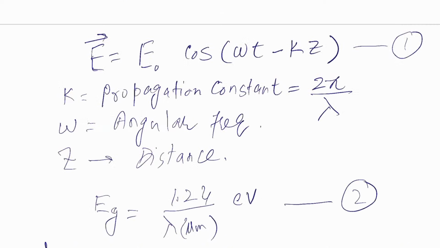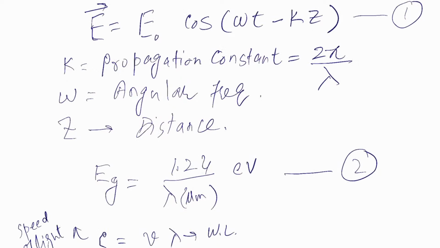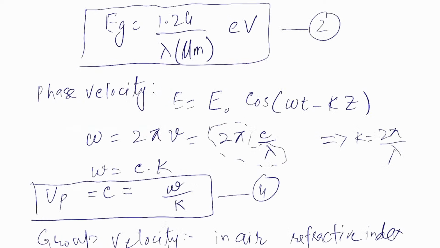So the first equation was this, and then you had this expression Eg is equal to 1.24 over lambda, and then you have this expression. So that's equation 3. I wrote 4. Oh, okay. Yeah, I was wondering. So yeah, that's equation 3.